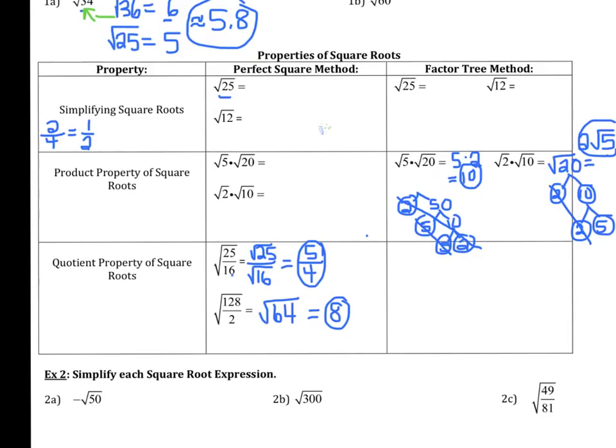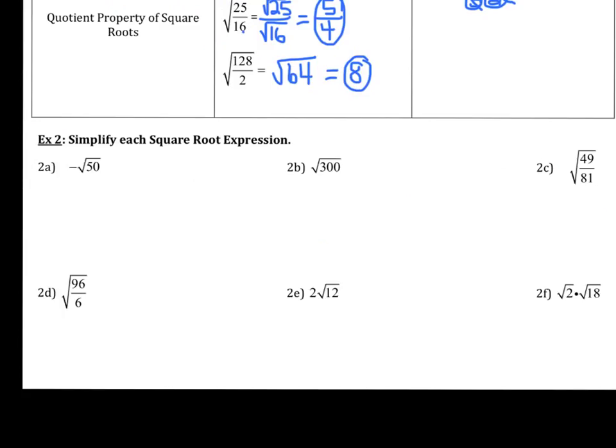So let's try some more examples. I'm going to do A, C, and E with you. And then you'll do B, D, and F on your own. So the negative square root of 50. That negative sign out front, it's just going to stay out in front there.